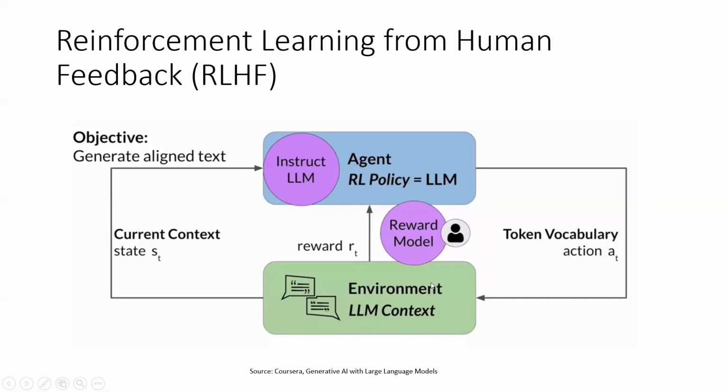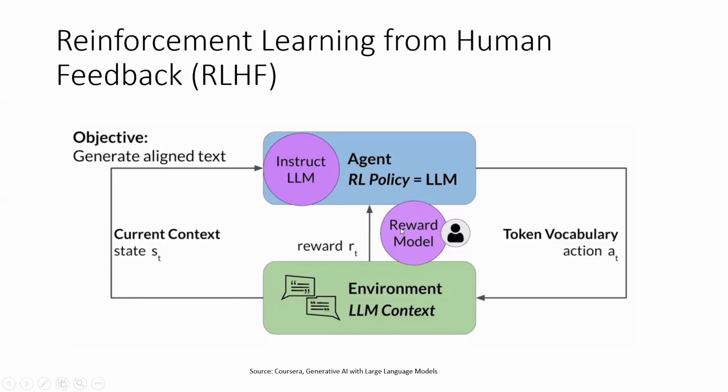The decisions that it takes are actually the responses that it gives, or the sequence of words that it is producing as the output, which is the action. So once this action is given, the LLM context gets updated, the new state or the new context, which can also be observed by the LLM in the next step, right?